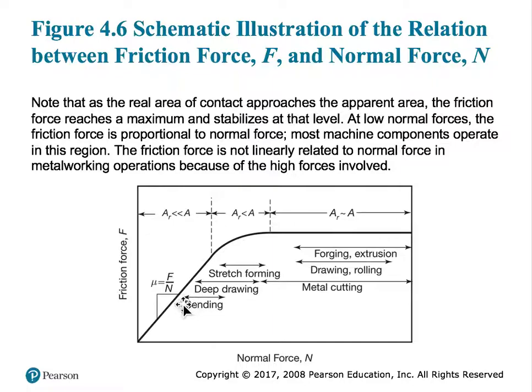So if you have different kinds of manufacturing process, you're going to have a maximum friction force. It is the highest if you have drawing or rolling and things like that. It will be less for others. So the smoother the surface, the lesser the frictional force.